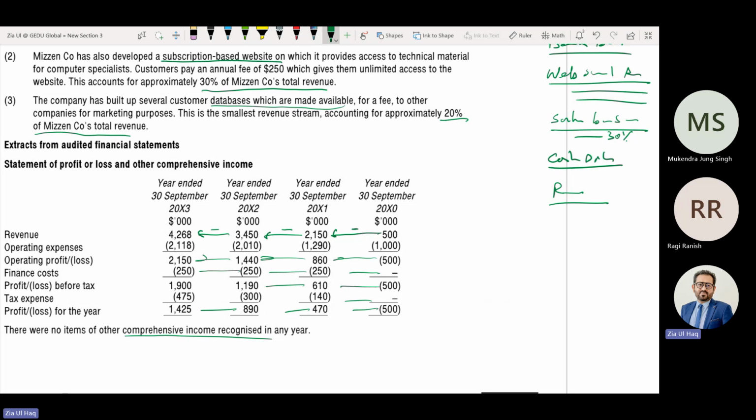And then finance cost, we'll put the heading finance cost has remained the same for the last 3 years, 250. And this is reflecting that the company is not paying back the liability. So we need to get detail about the liability relating to this finance cost, the time period, the interest rate, and any conditions.